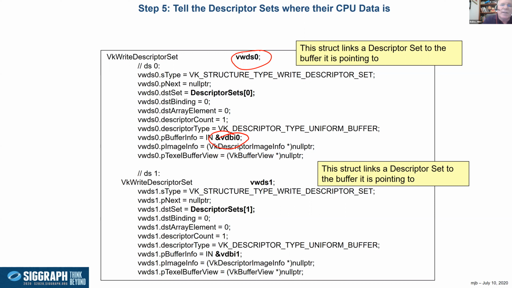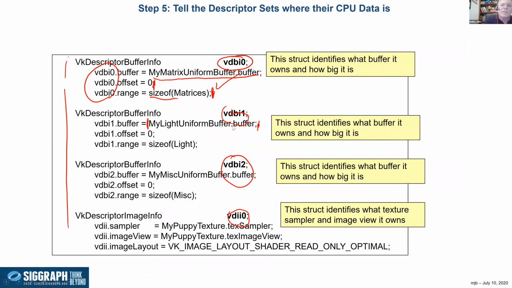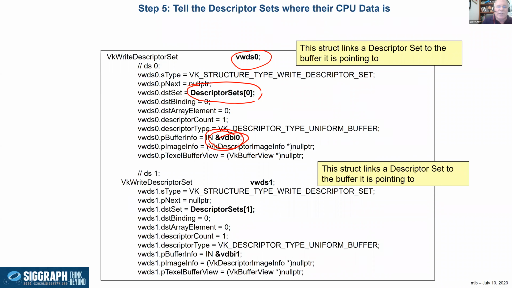So it's taking the information in descriptor set 0, and the information in VDBI0, which is right here. And from that, it's producing a structure that describes all of these together.